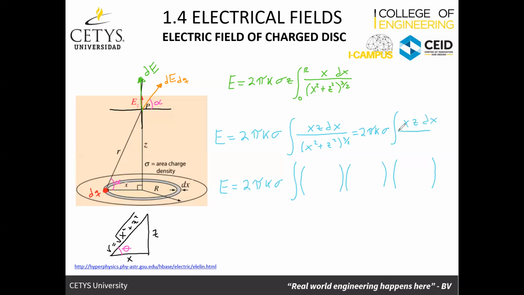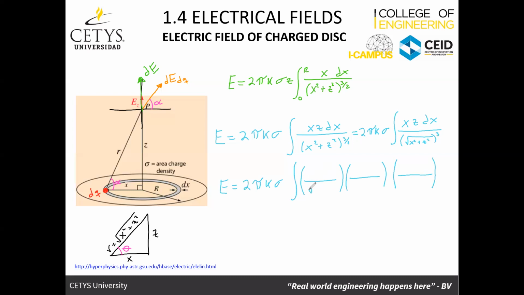The denominator is exactly the same as having the square root of x squared plus z squared elevated to the 3. It's exactly the same thing. And so what I'm going to do here is totally valid.